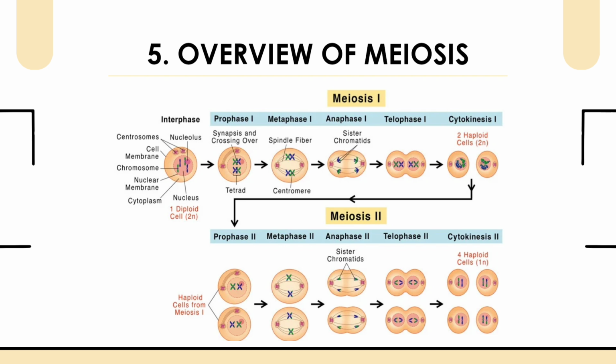Here, the sister chromatids are finally separated, leading to the production of 4 genetically unique haploid gametes. So, this slide is your roadmap of meiosis. Meiosis I reduces the chromosome number, and meiosis II ensures each gamete gets just 1 copy of every chromosome. Together, they guarantee both genetic stability and diversity.